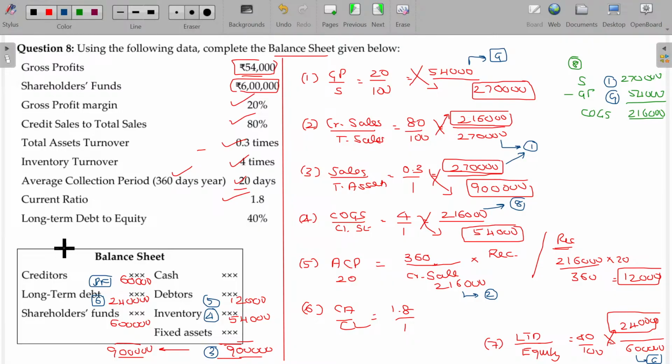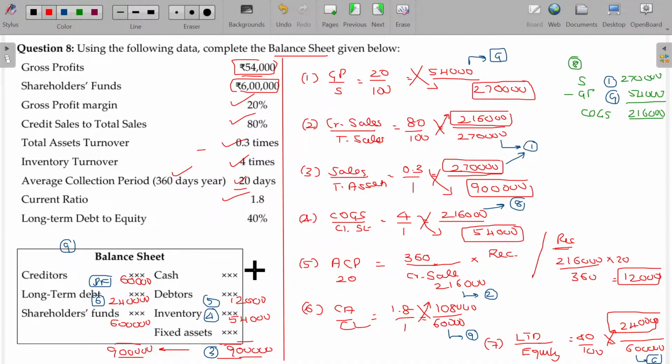Balancing figure. So creditors, the only current liabilities we have, I can post that here. This is working note number 9. So current liabilities in this case, 60,000 rupees. We got this as a balancing figure while preparing the balance sheet. Working note number 9. If we do the cross multiplication, 1,08,000.